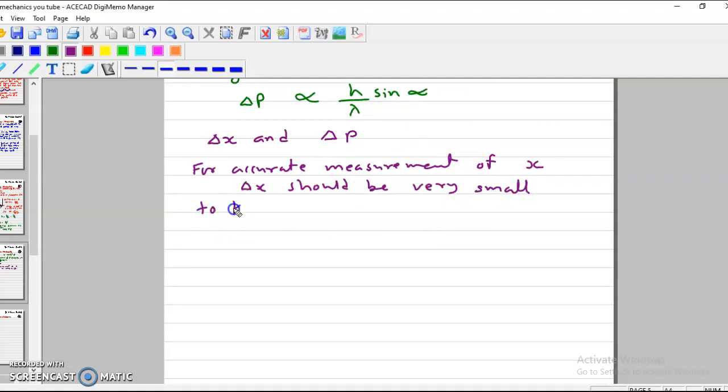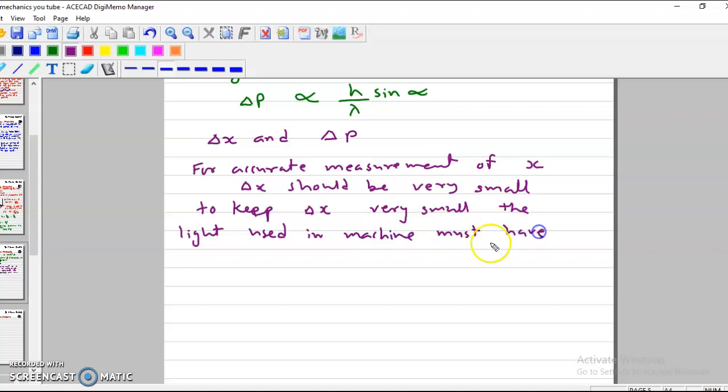And to keep delta x very small, the light used in the machine must have minimum wavelength, and sine alpha should be large.